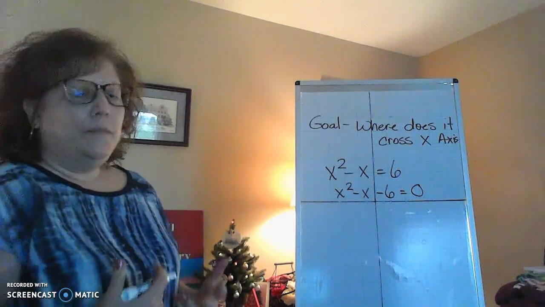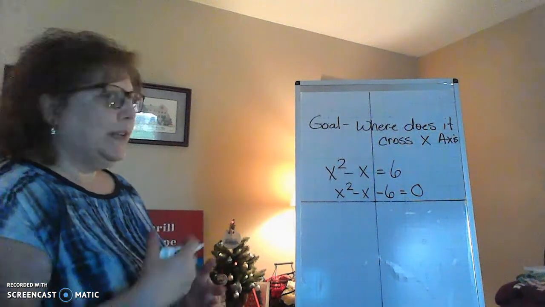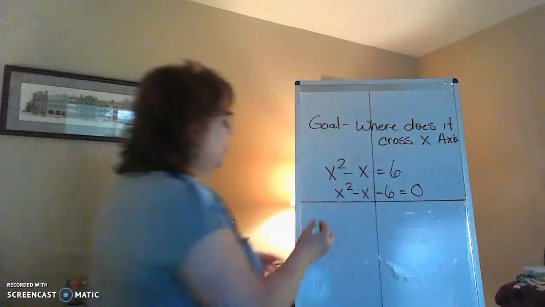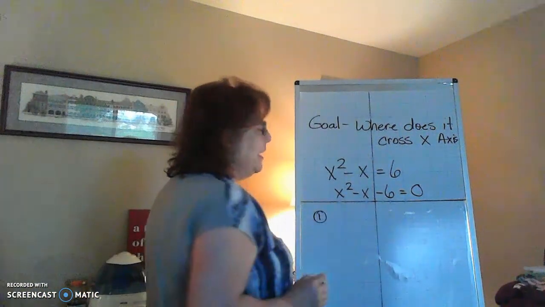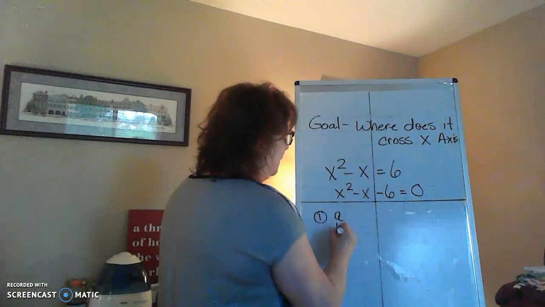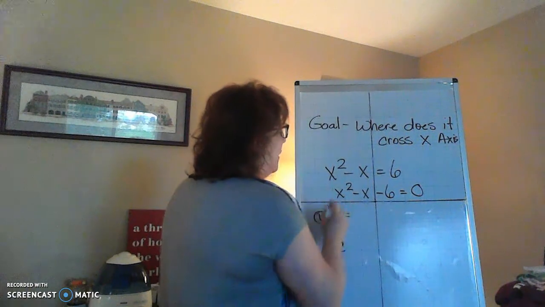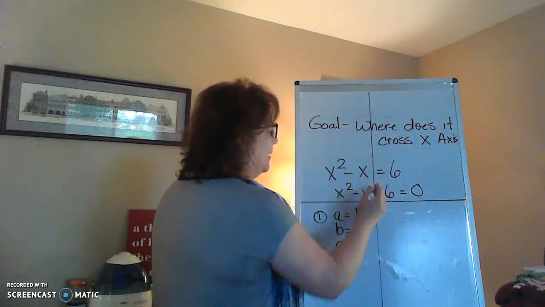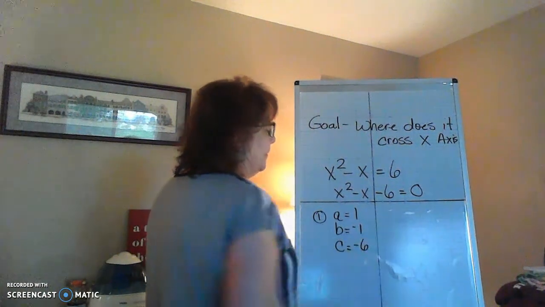And now I am ready to start working my steps. My first step is to find the values of a, b, and c. A is 1, B is -1, and C is -6.